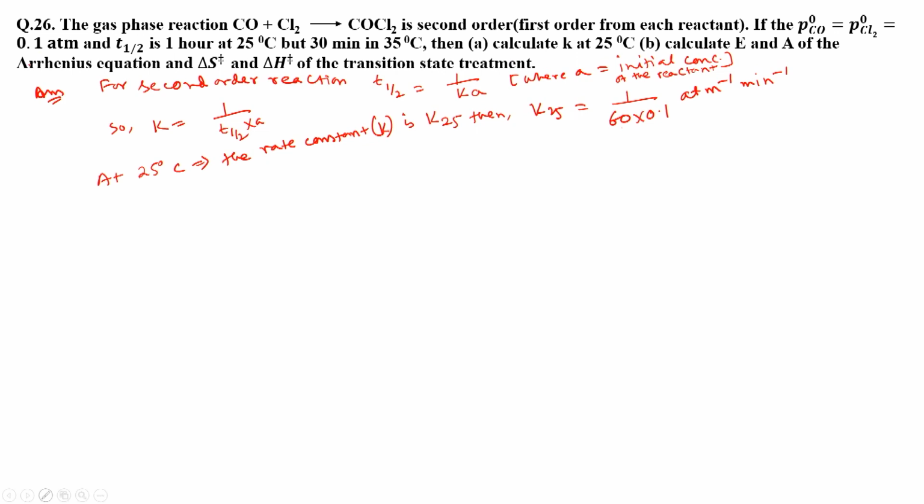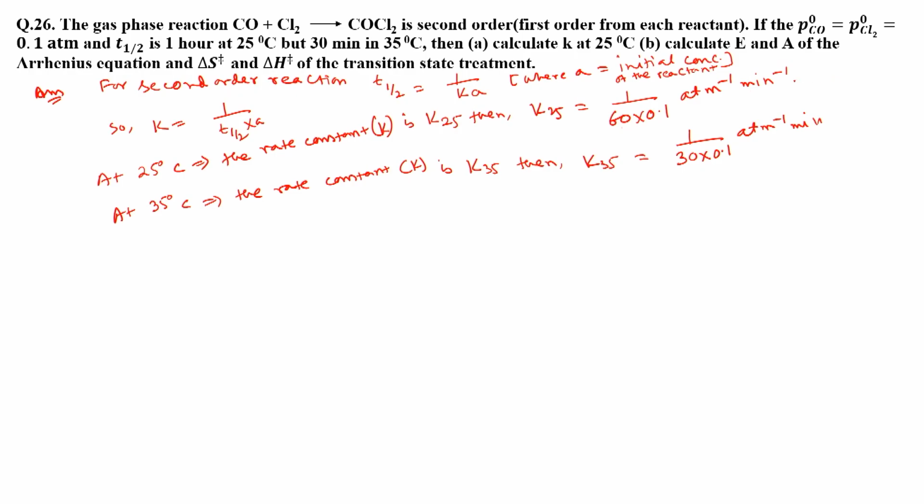And then similarly at 35 degrees Celsius, if we say the rate constant is K35, then K35 is 1 by 30 times 0.1 atmosphere per minute.